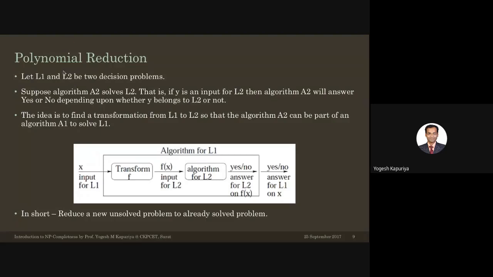Because you know the solution to L2, if you can reduce L1 using a transformation function and the algorithm for L2, then you can also solve L1. So even if your L1 falls under the NP category, if it is reduced to L2, which falls into the P category, then your L1 will also become a P problem. That is the idea.